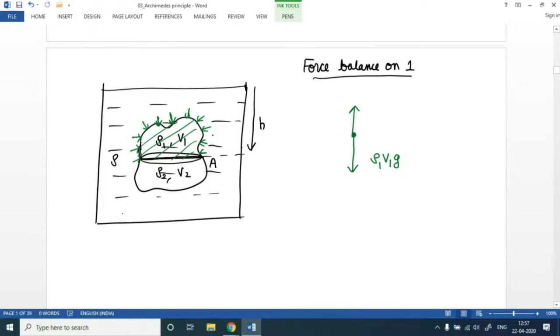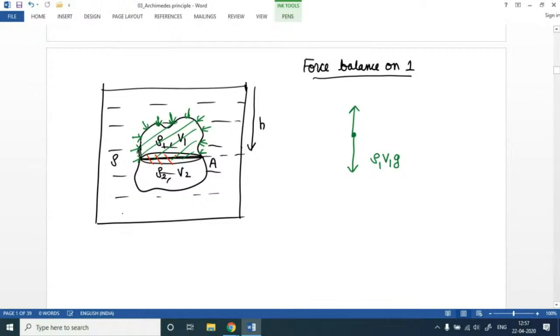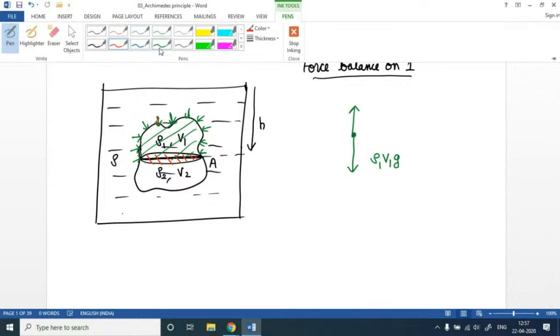Rho1 V1 g would have been the buoyancy if this part were surrounded by the liquid from all sides. But at the lower interface, below this surface, the liquid is not exerting any force, and below this part is solid. So what is the force exerted by the liquid on the upper body, represented by the green arrow? That we need to find out.